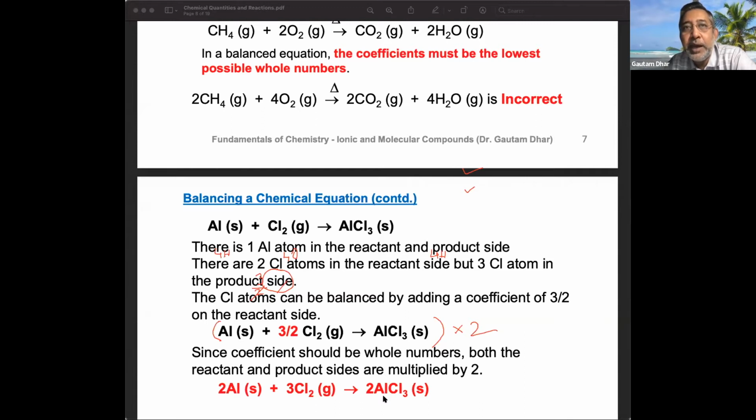Balance the element at the end, like we did for the methane one above, where the oxygen was balanced at the end. And if you use fractions like this, then after you get a mathematically correct equation, you have to get rid of the fraction.